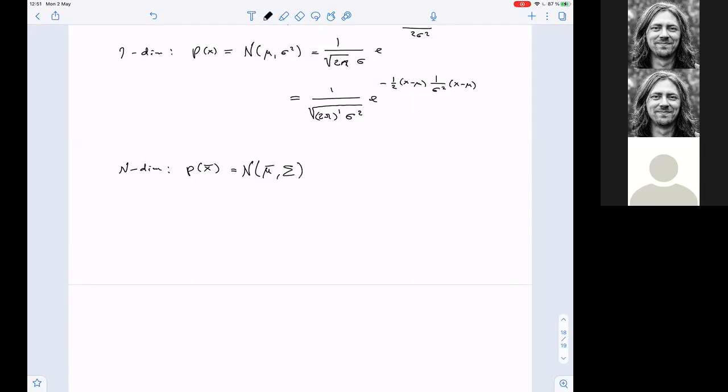Notice that the notation is typically that uppercase sigma corresponds to lowercase sigma squared. So sigma here contains variances, and variances are standard deviation squared.